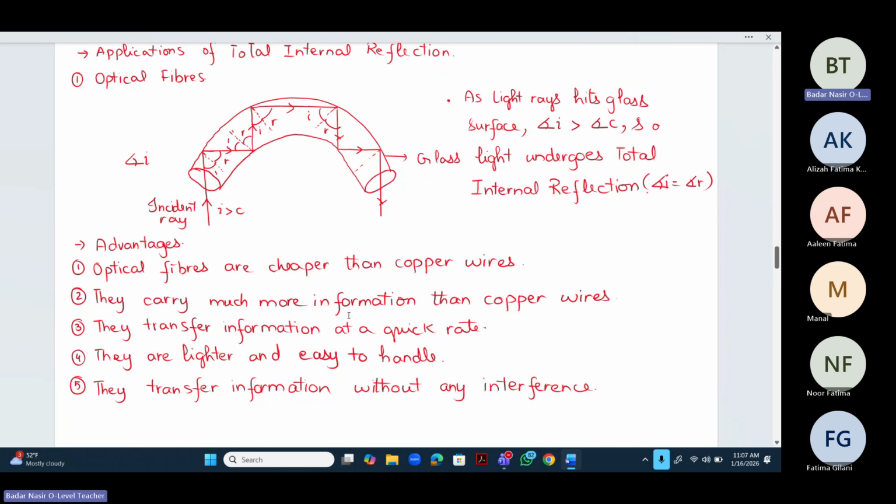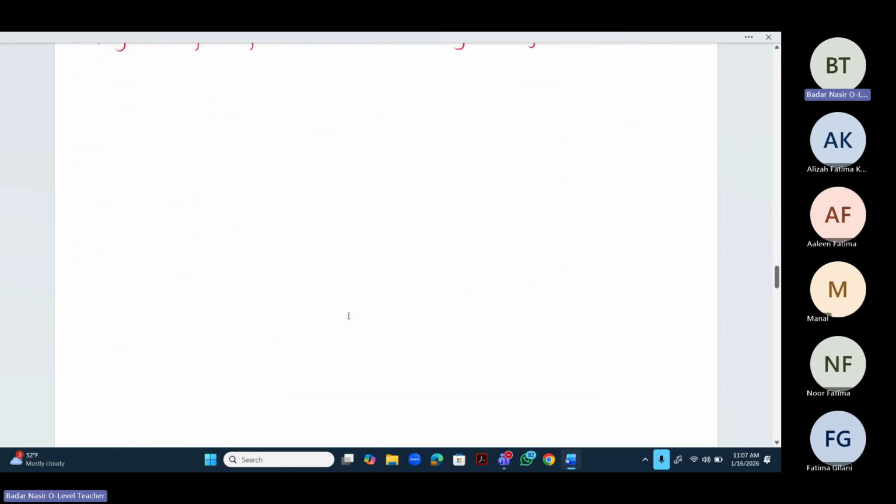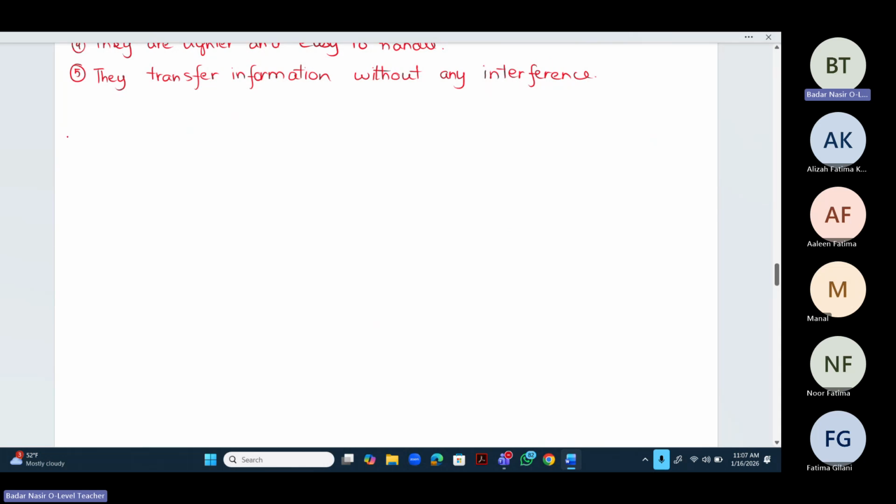Okay, now let's quickly talk about another application, the periscope, and then we'll do some numericals as well. So the second one is, let's say, a periscope. Okay, so let me draw.